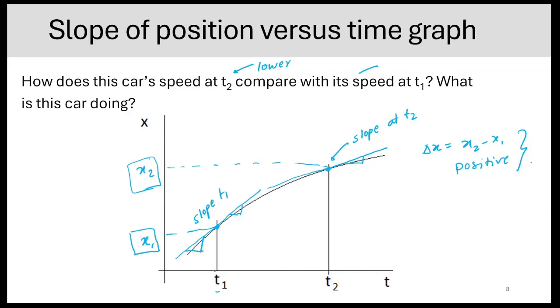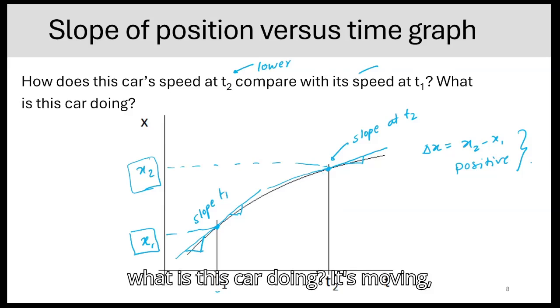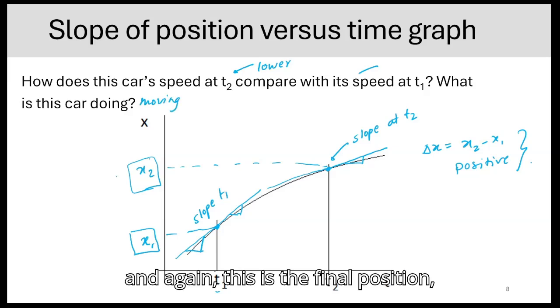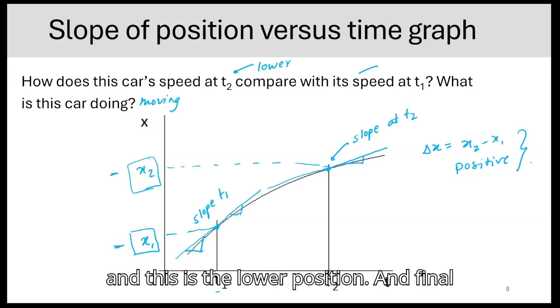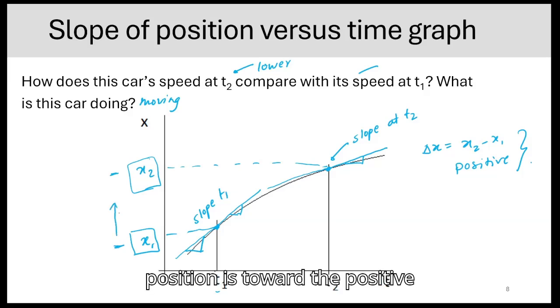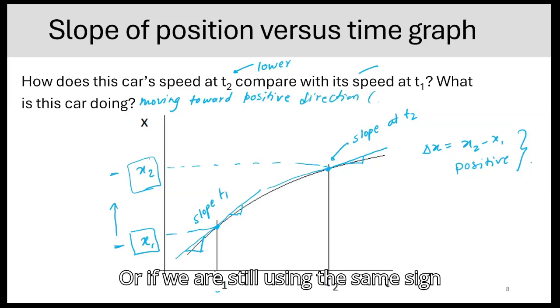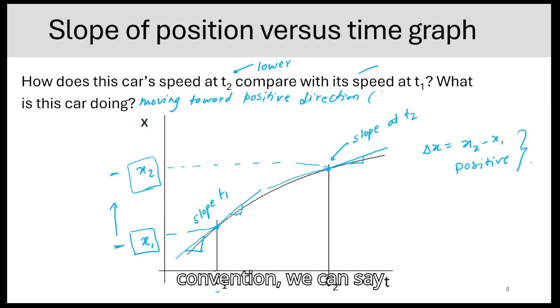And what is this car doing? It's moving, and this is the final position and this is the lower position, and the final position is toward the positive direction, so moving toward positive direction. Or if we are still using the same sign convention, we can say toward right.